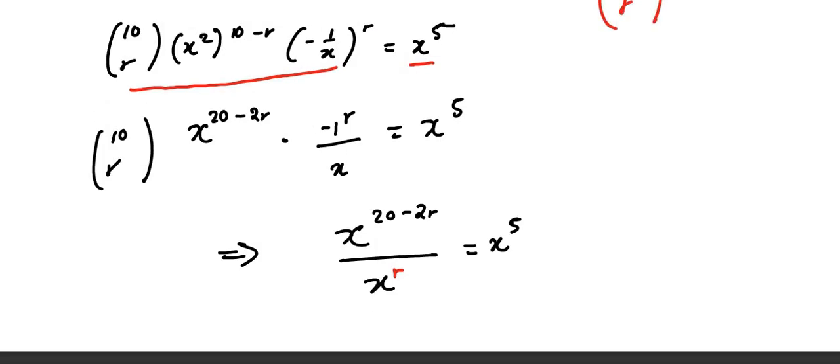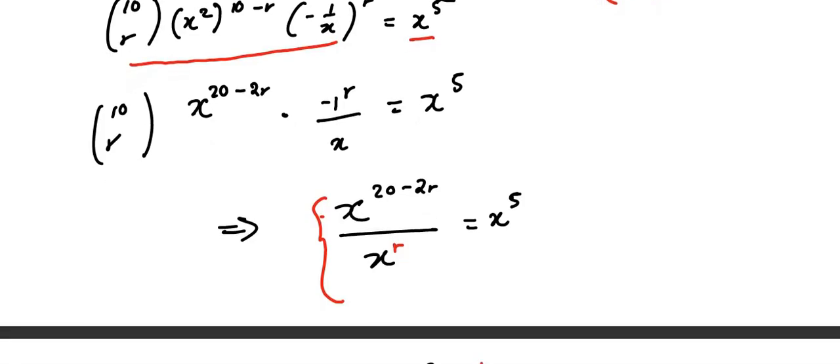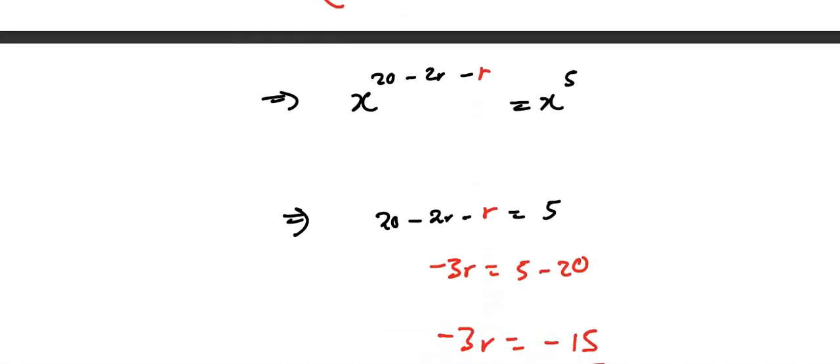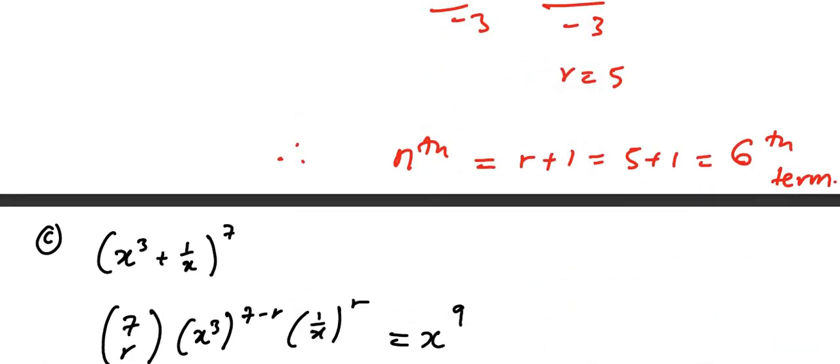So just get the part that has x, even here the x, but it is at the bottom, and I'm picking it to be down, this part. The bases are the same, the powers can subtract. So this is what we do, and we get r to be 5. When r is 5, you add 1, then you get the term. So it's the 6th term that they are looking for.